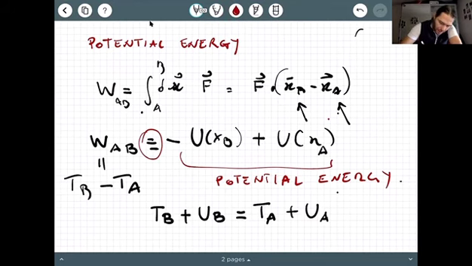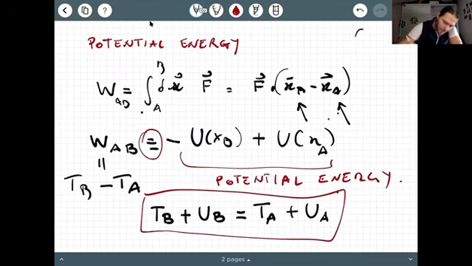And what this is telling me is that no matter what I do, no matter what trajectories I follow, if I do have a conservative force, then the sum of kinetic and potential energy is going to be constant in every point of my trajectory.